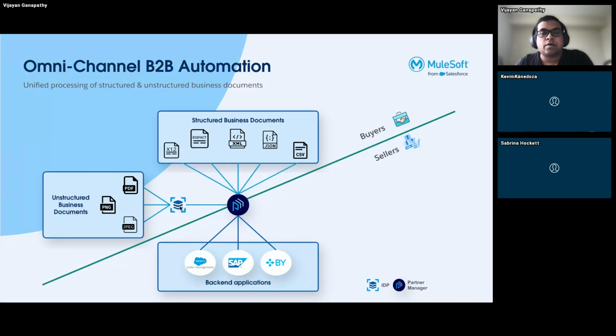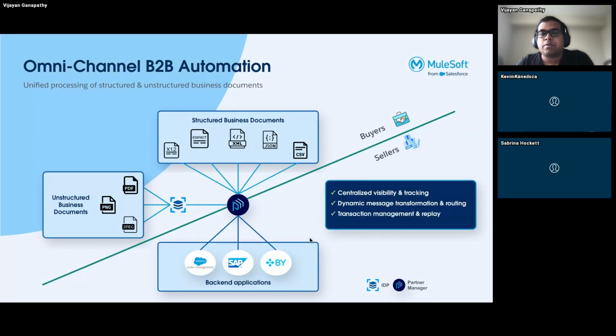And those messages can also be fed through Partner Manager and orchestrated to the downstream processes and applications. So at the end of the day, this basically provides very centralized visibility and tracking capabilities of all the business documents, whether it's EDI or XML or JSON or PDF, it doesn't really matter.